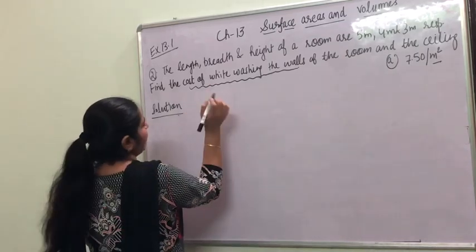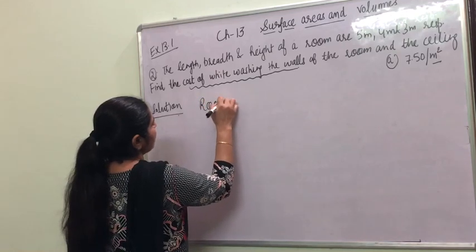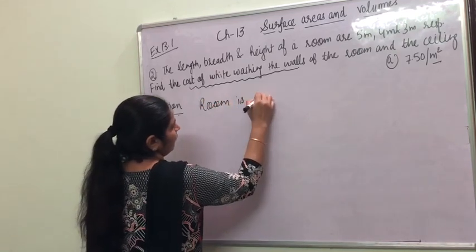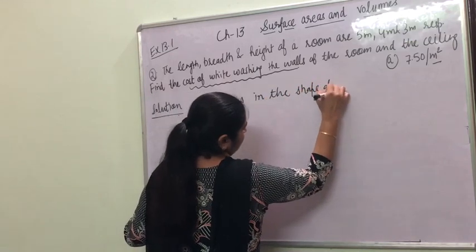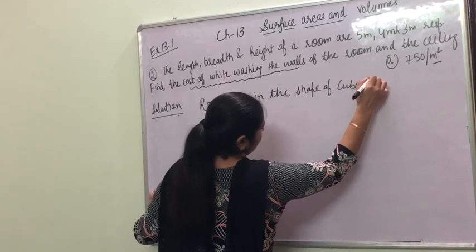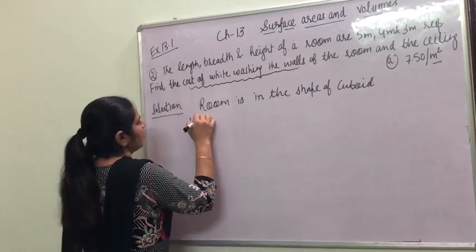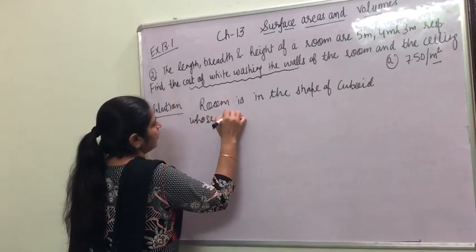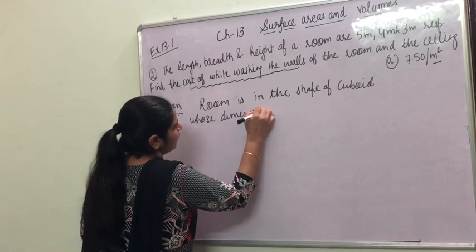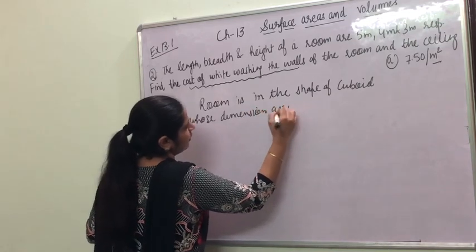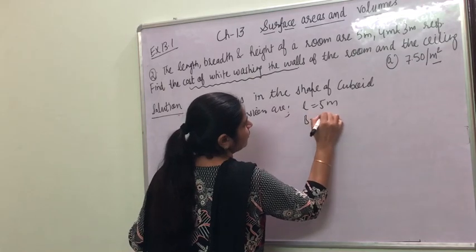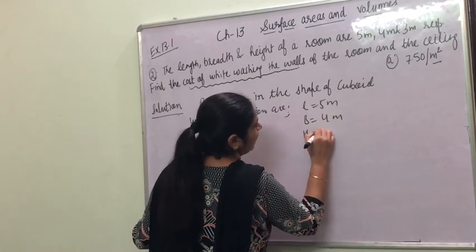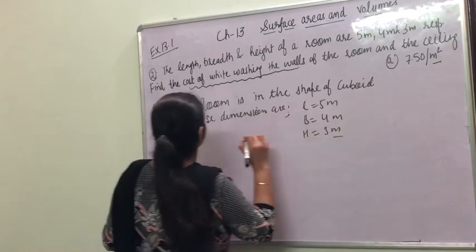Here I am writing: room in the shape of cuboid whose dimensions are given as length is 5 meter, breadth is 4 meter and height is 3 meter.